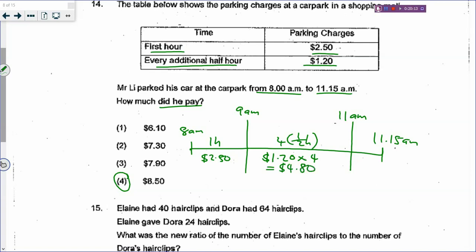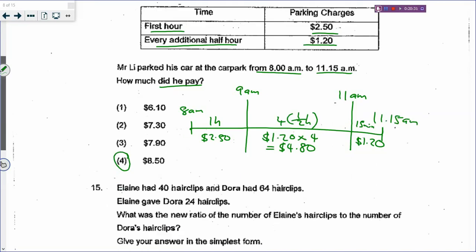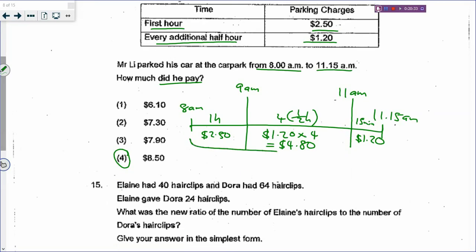And then the last 15 minutes is under the part thereof, so consider it as every additional half an hour as well. So it's included as well, which means that is also another $1.20. Then you add all the money together.